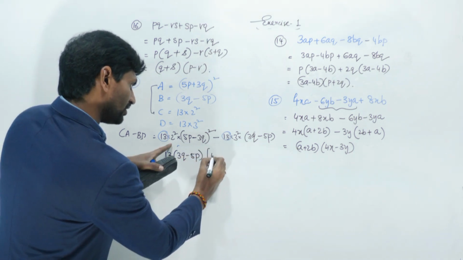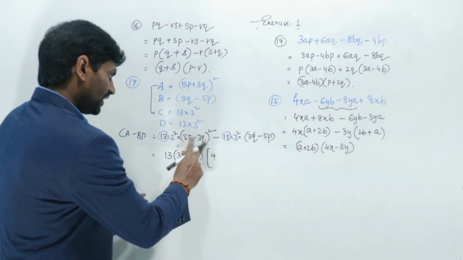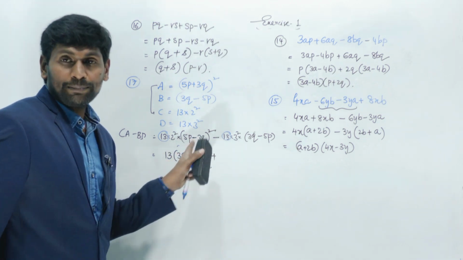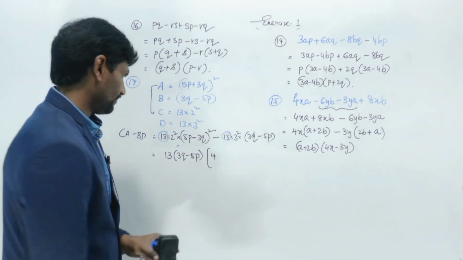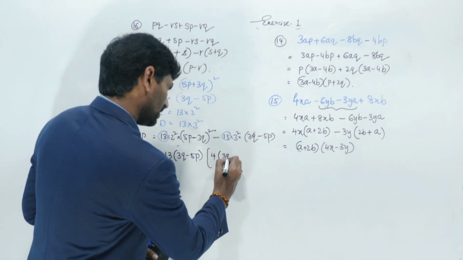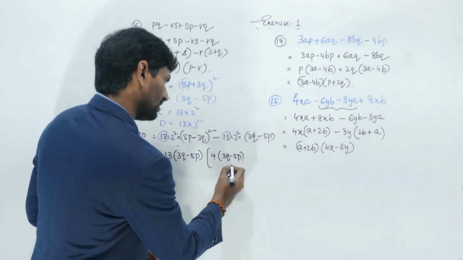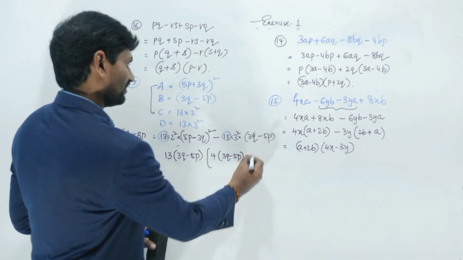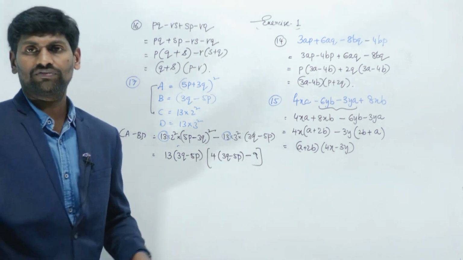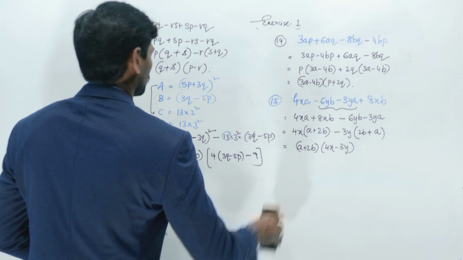Then what is remaining here? 2 square means 4 remaining. 3Q minus 5P. 5P minus 3Q whole square both are same. So this one 3Q minus 5P minus 9. This is the common factor. Finished. Okay. Let us go to the next problem.